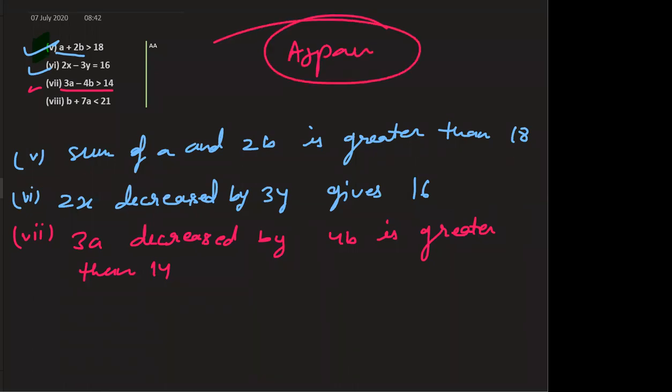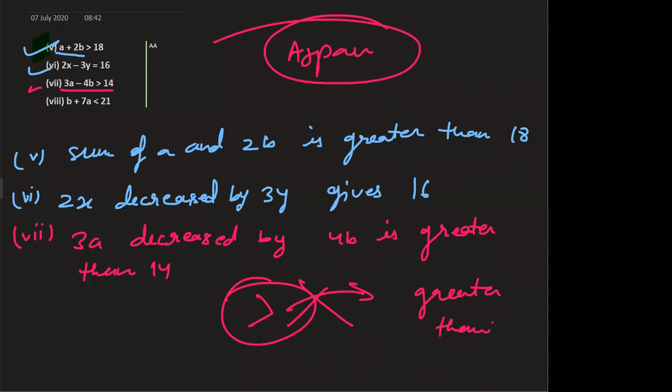No, Arpan, when you are writing the statement, then you don't have to use this sign. You have to write greater than. Didn't understand? I mean to say that if you have to write a statement, you will not use this sign; in its place you will write greater than or less than. Now Arpan is using this sign.